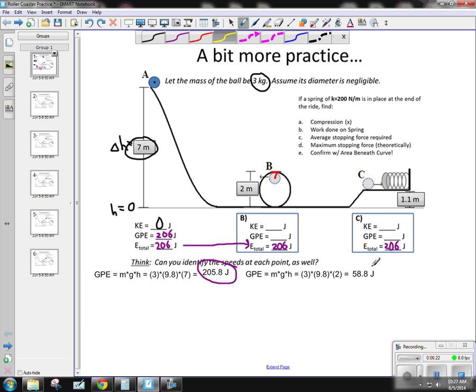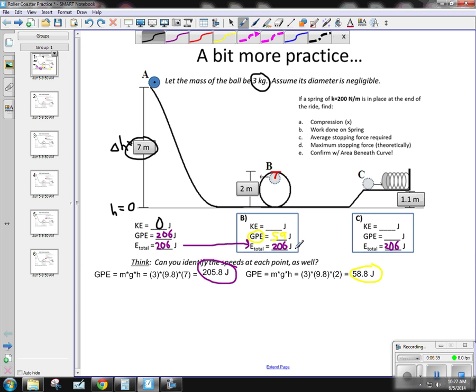And that's stored as gravitational potential energy right here. And just again, for simplicity's sake, we'll round it to 59. A little rounding going on, that's all right.